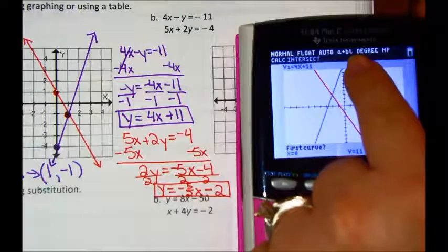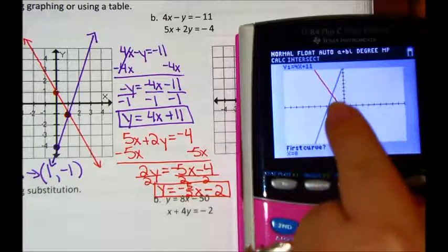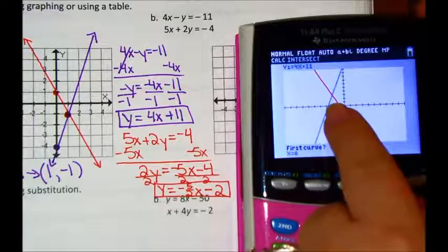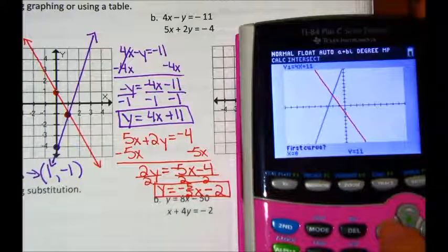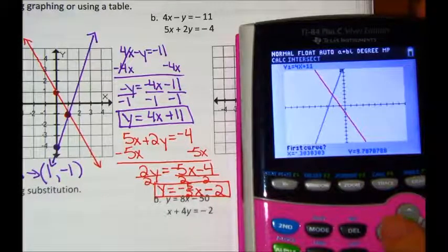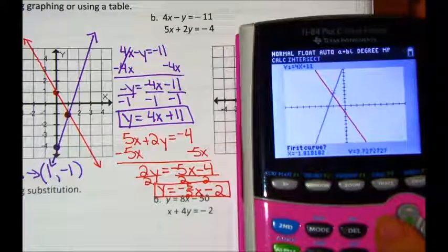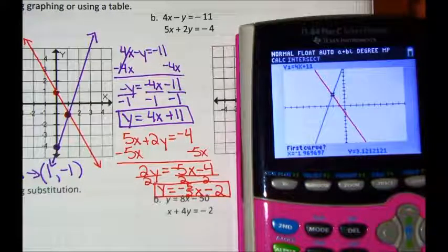Remember, I can use the left and right arrow button to move my cursor anywhere along my line. So if I press the left arrow key, I should see my cursor come across my screen. And there it is. Keep pressing the left arrow key to get it close to the intersection. Remember, it does not have to be exact. Once close to the intersection, press Enter.